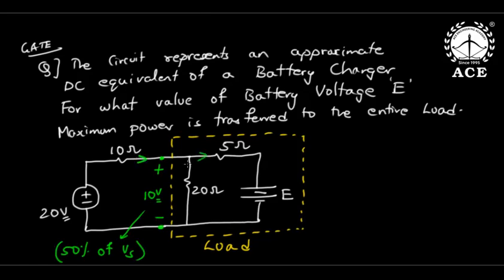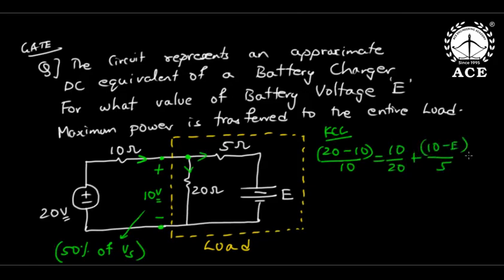Incoming current equals outgoing current. So (20 minus 10) by 10 is equal to 10 by 20 plus (10 minus E) by 5. That is 1 equals half plus (10 minus E) by 5.